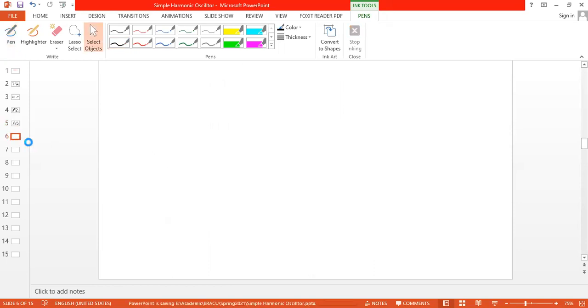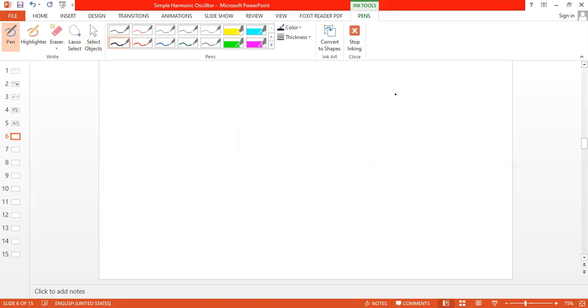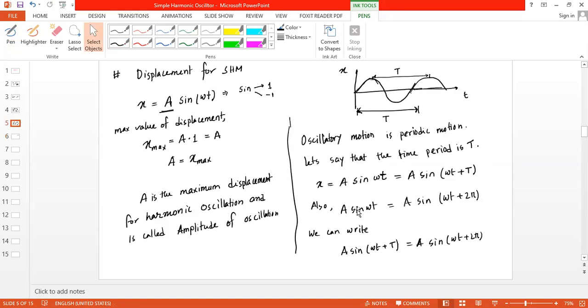This will help me later. So this is my picture for x versus t graph. So what we wrote in the previous page, a sin omega t equal to a sin omega t plus 2 pi.